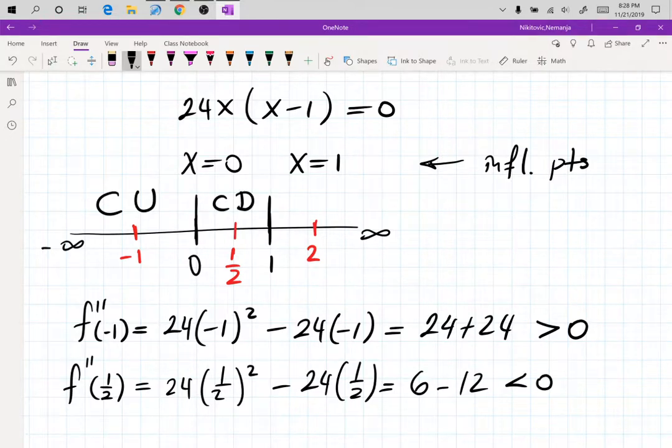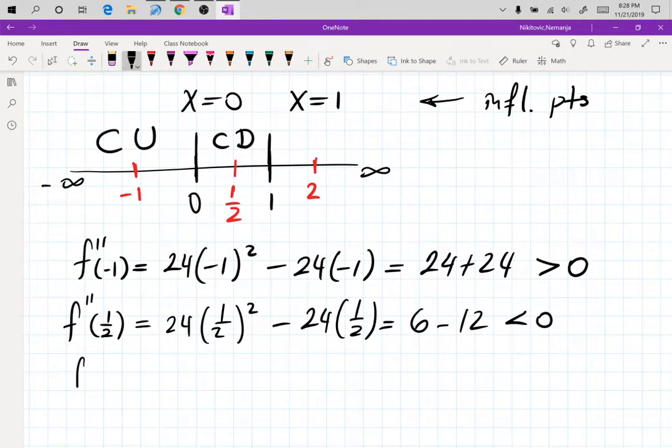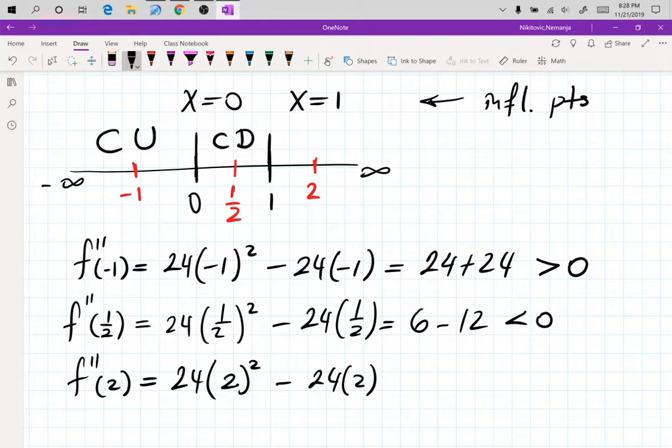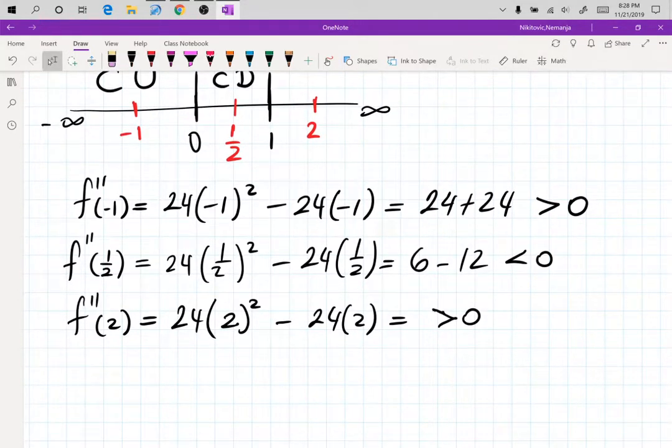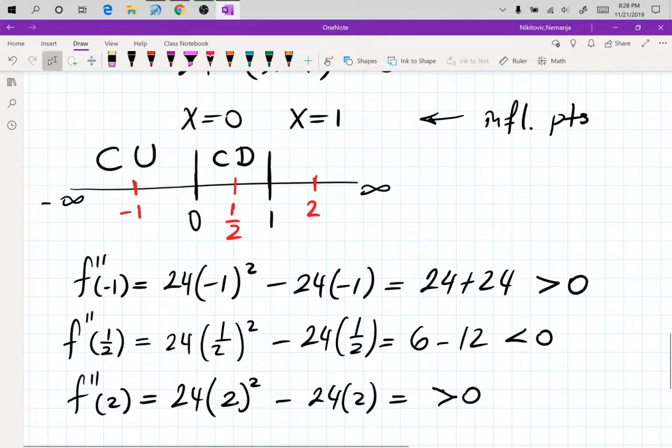Concave down. The last value we are computing is the value at 2. That's 24 times 2 squared minus 24 times 2, which is bigger minus smaller, so larger than 0. Do we see that the first number is twice as big as the second number? Good. Concave up.